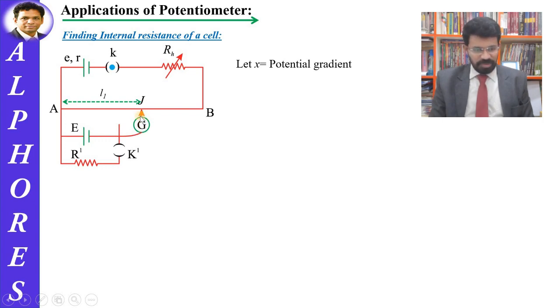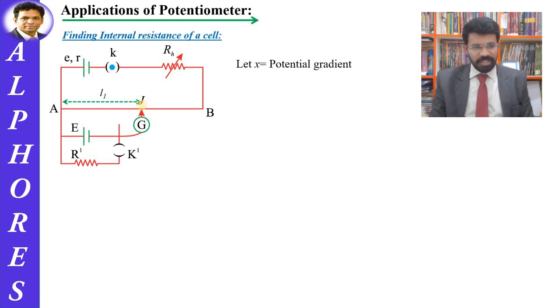It means if you imagine a cell here, across this L1 length there will be some potential difference, right? In place of that potential difference, if you imagine a cell, whatever EMF that cell possesses and this EMF are both the same, so there is no current passing through this branch, so the galvanometer shows null deflection.